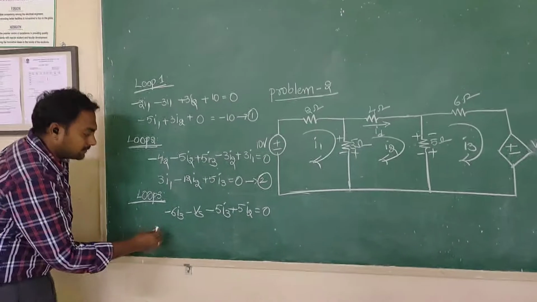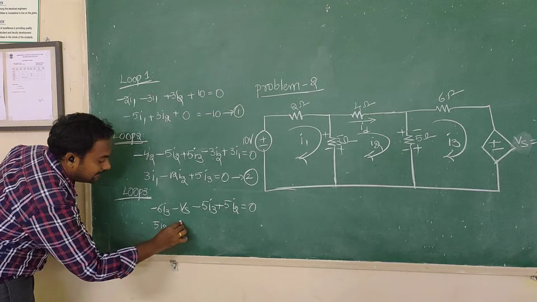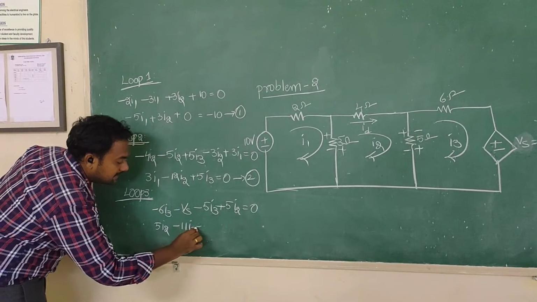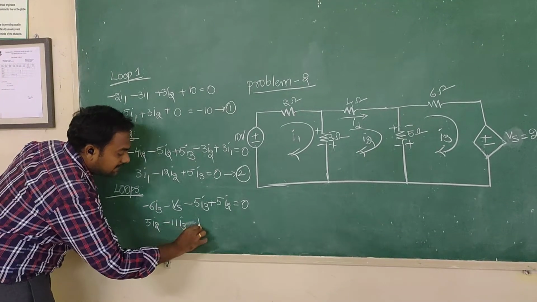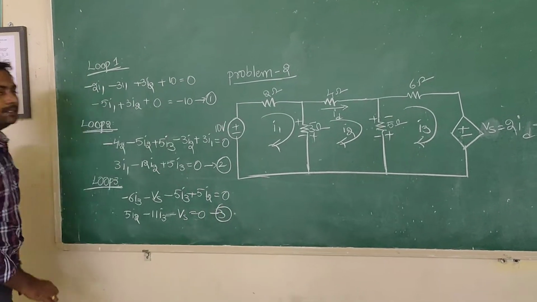Rearranging, plus 5I2 minus 11I3 minus Vs is equal to 0. This is the third loop equation.